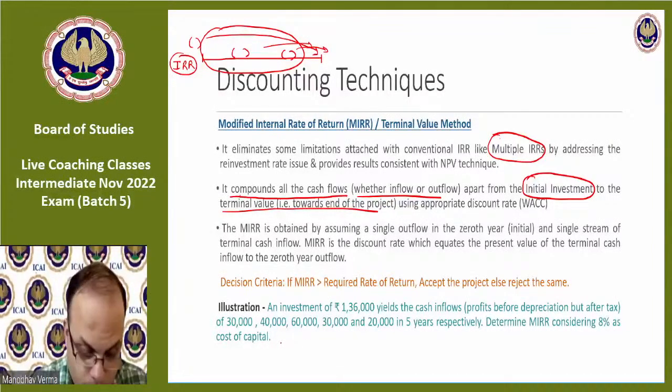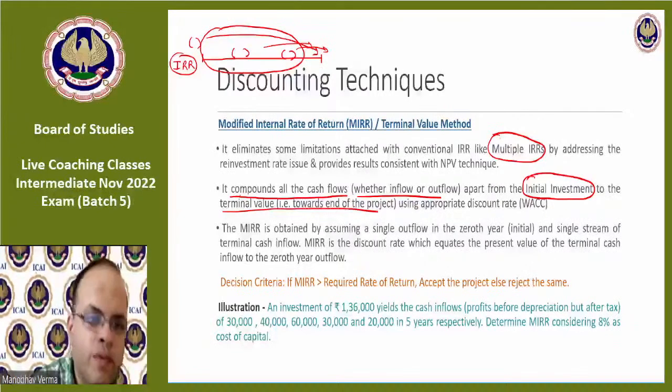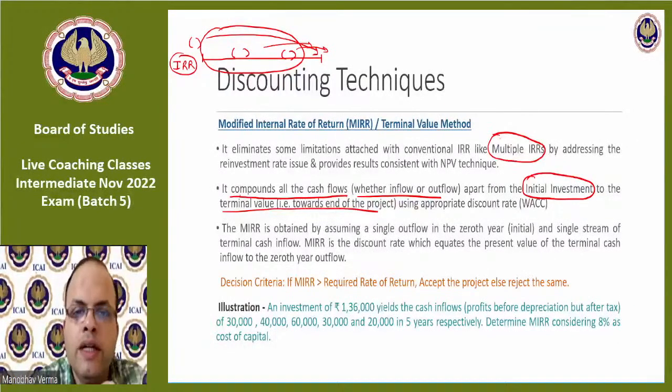Let me give you a little more idea by taking an illustration. At the bottom of the screen, an investment of 1,36,000 yields cash inflows, profit before depreciation but after tax, of 30, 40, 60, 30 and 20 in 5 years respectively. And we are calculating MIRR considering an 8% cost of capital.